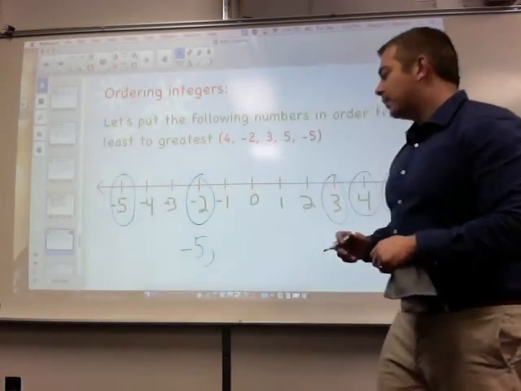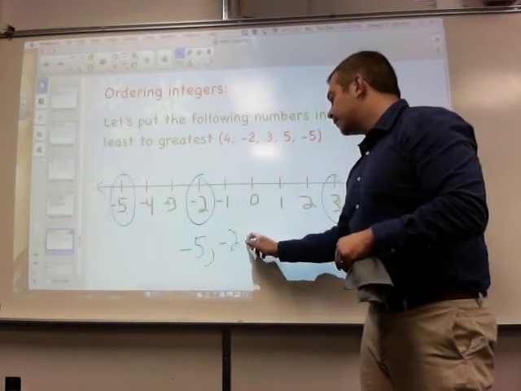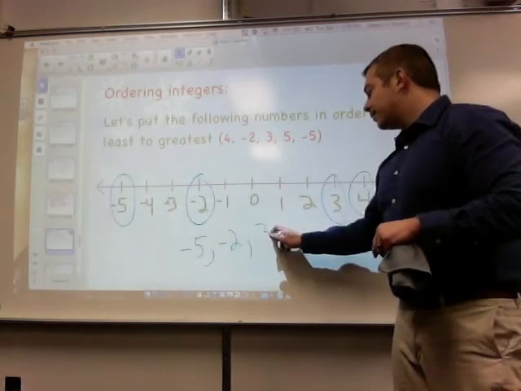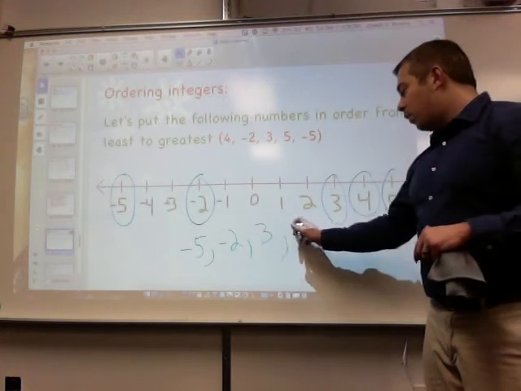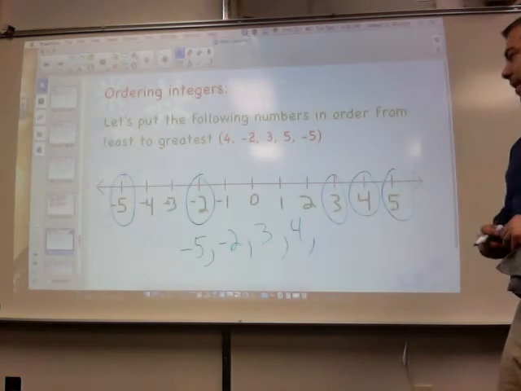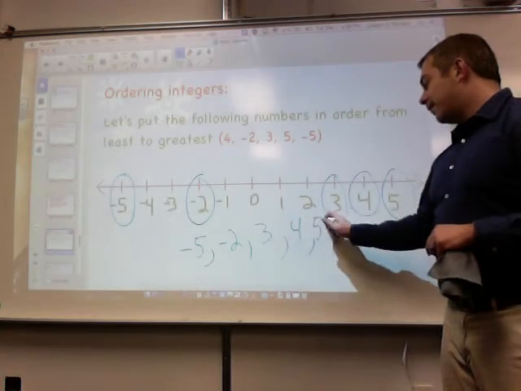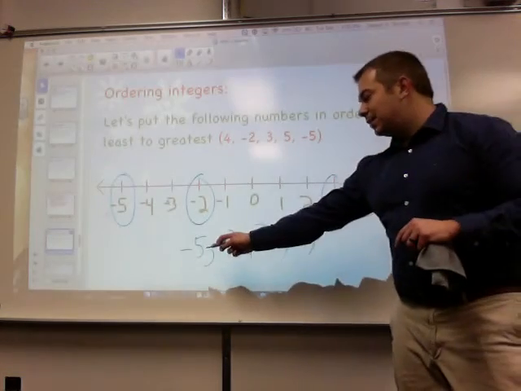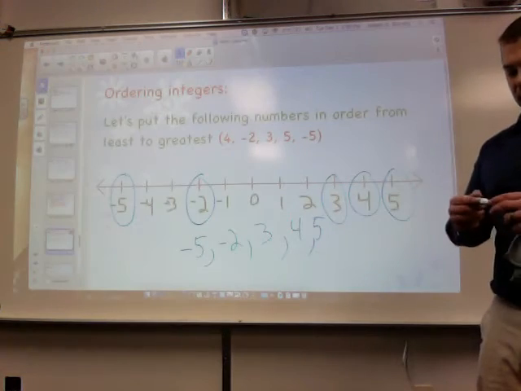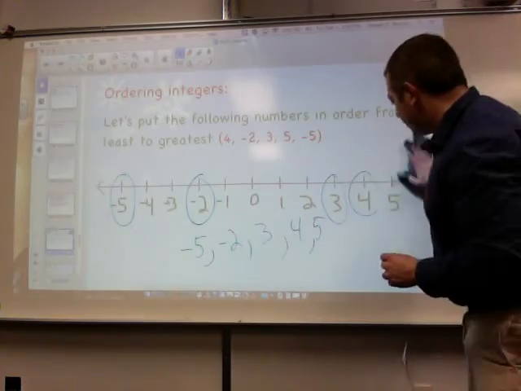Put my comma, then I have -2, then I have 3, and I have a 4, and my greatest number out of that bunch is my 5. I just order them from least to greatest. You'll see some of these examples in your book tomorrow as well.